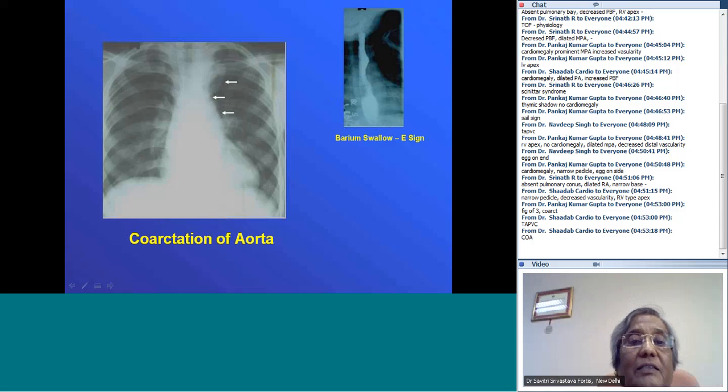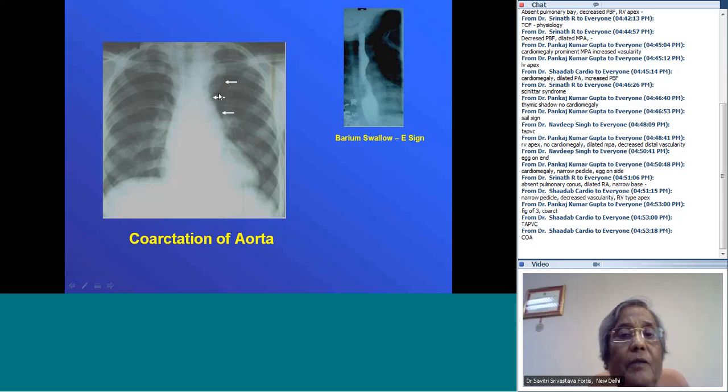I hope you got it. If this X-ray is given to you, then you can diagnose typical coarctation. Also, you can say that it is a discrete coarctation. If the coarctation is associated with arch hypoplasia, you will never get a typical 3 or E sign.